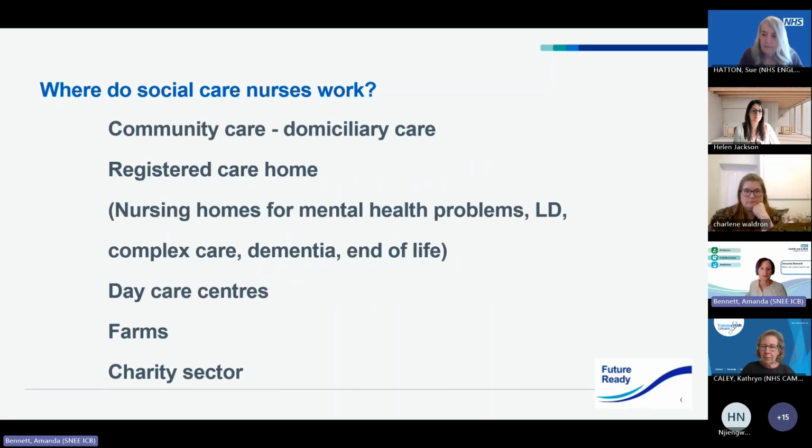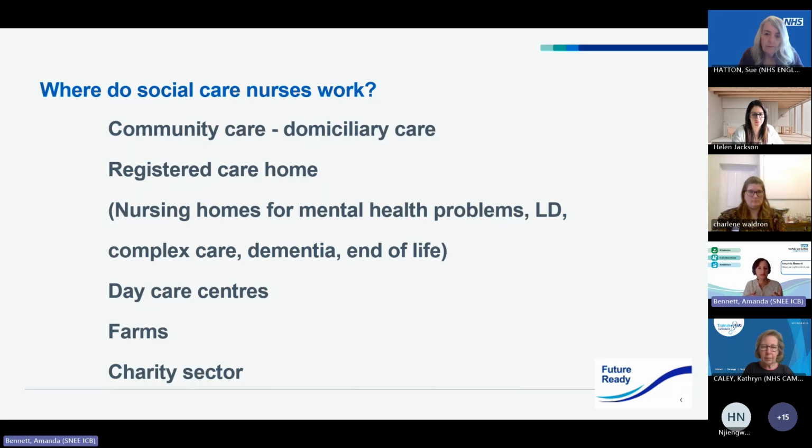Just on a very practical level, if you worked in social care, where would you go? Domiciliary care basically means working out in the community, going to people's homes. There are a lot of domiciliary care agencies now that might have a nurse managing them, but have a lot of carers going out to people's homes.